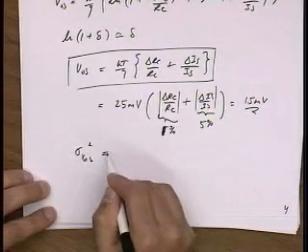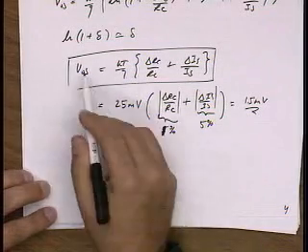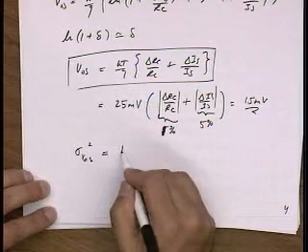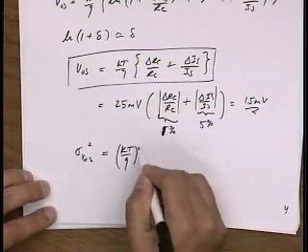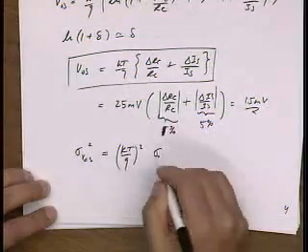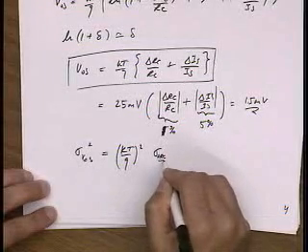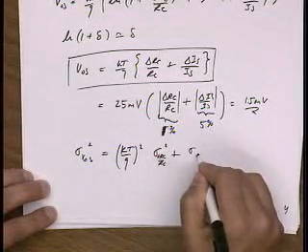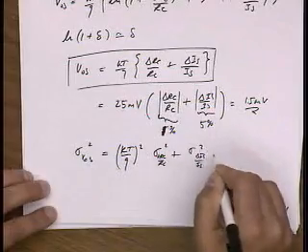the RMS value of the offset voltage is KT over Q squared times the variance of delta RC over RC squared plus delta IS over IS squared.